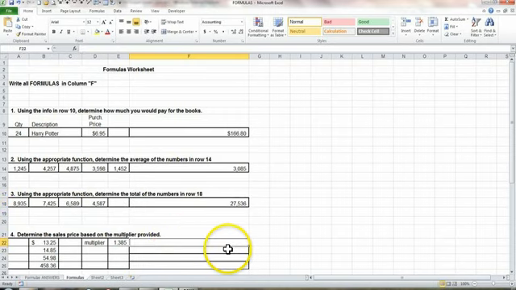Next, we're going to come into cell F22, and we're going to determine the sales price based on a multiplier. The multiplier is 1.385. Another word for a multiplier is a constant or an absolute.